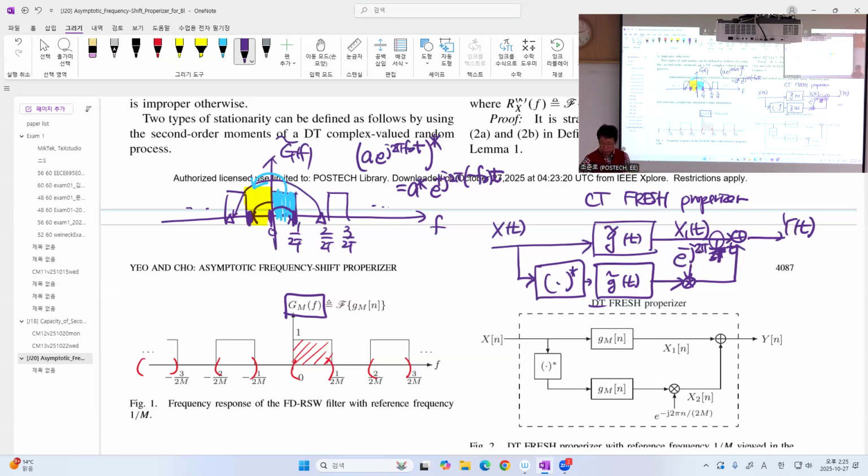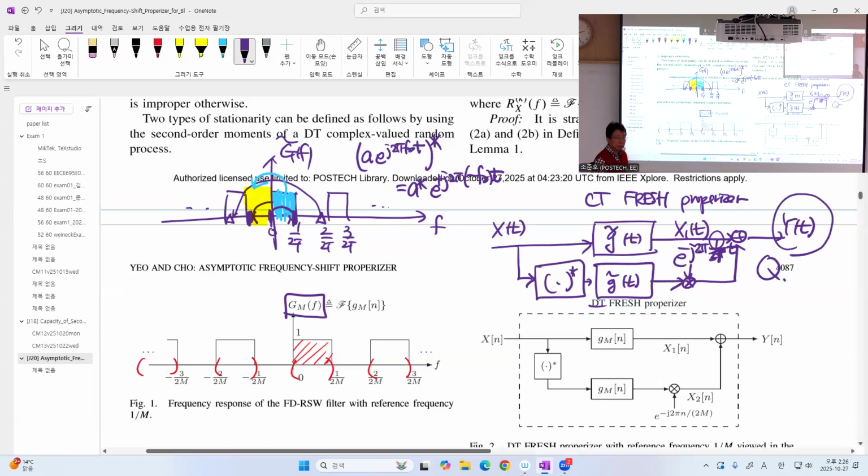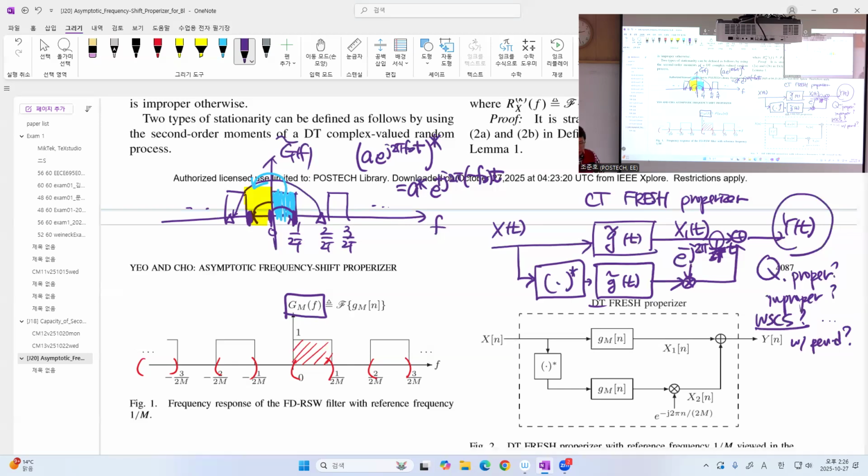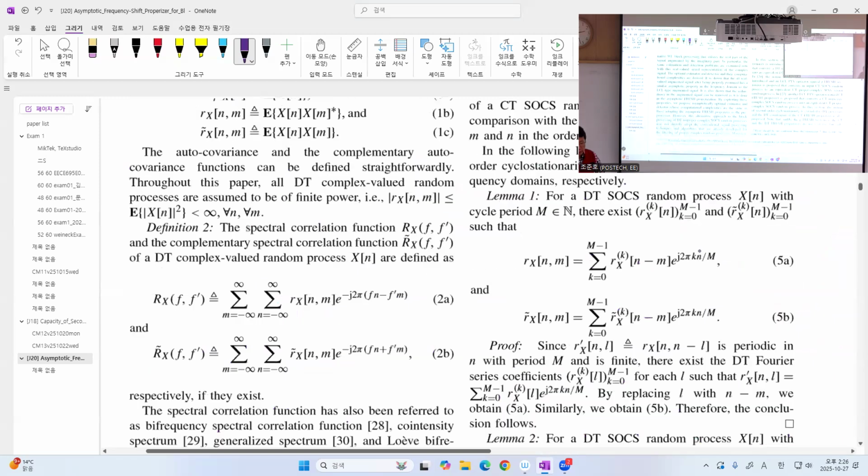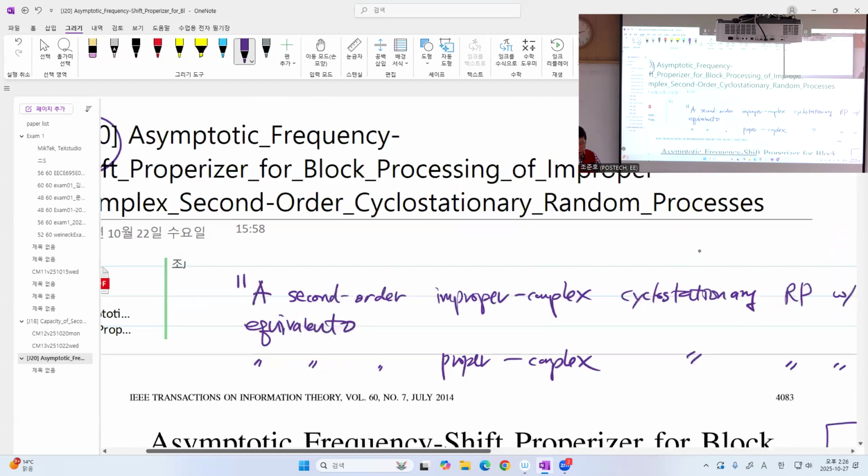Now, what's the property of this y of t? Is it proper? Is it wide-sense cyclostationary? If so, with period what? And this paper for the discrete time case shows that what I claimed here is true.